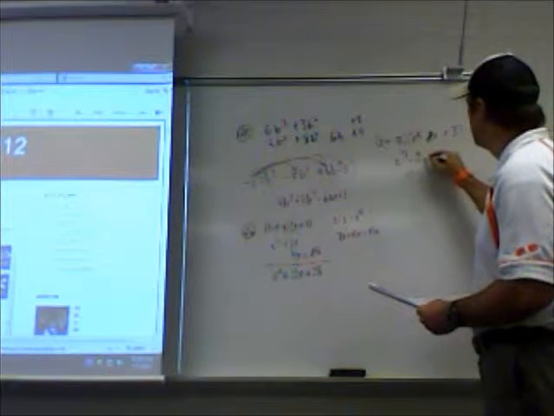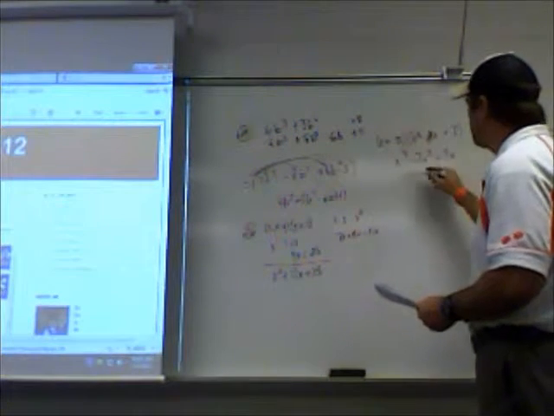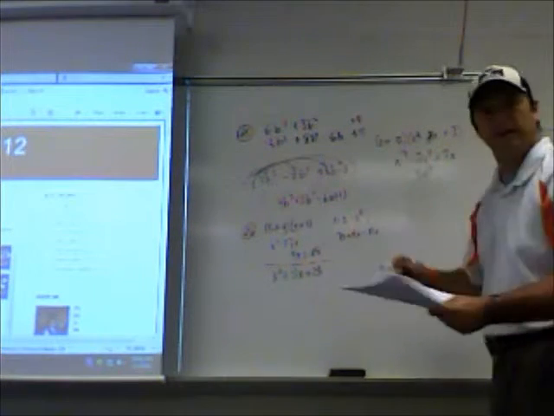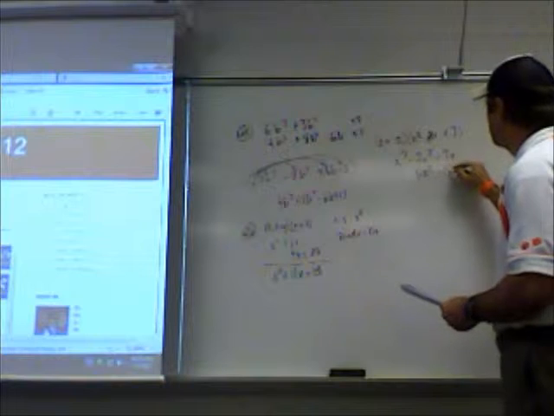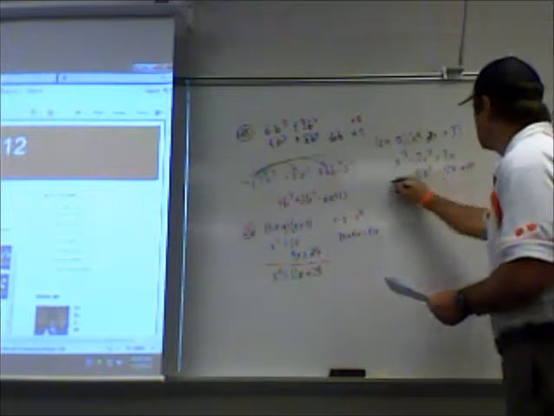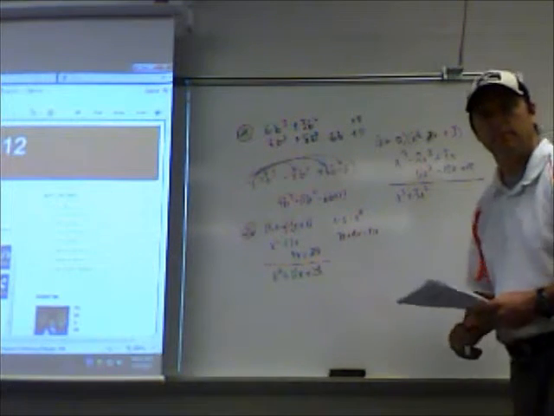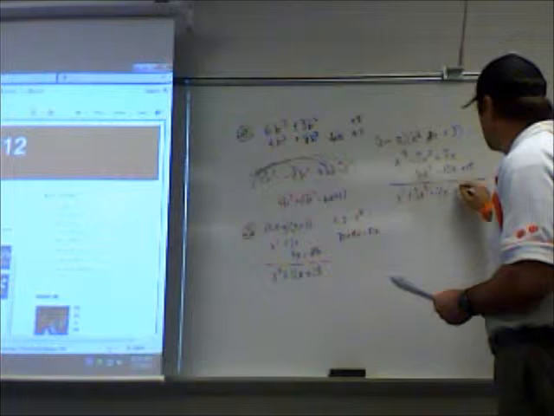X cubed minus 2x squared plus 3x. Distribute your 5. 5 times that is x squared. 5 times negative 2 is negative 10x. And 5 times 3 is 15. So your like terms are x cubed plus 3x squared minus 7x plus 15.